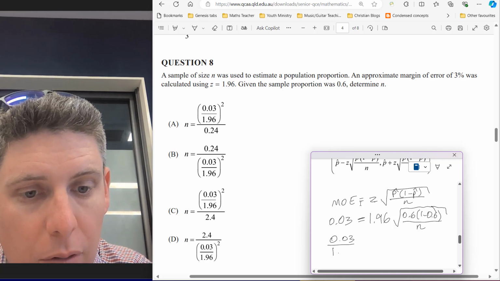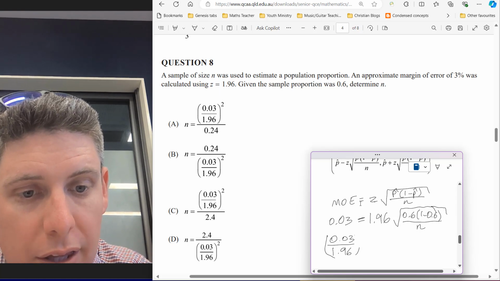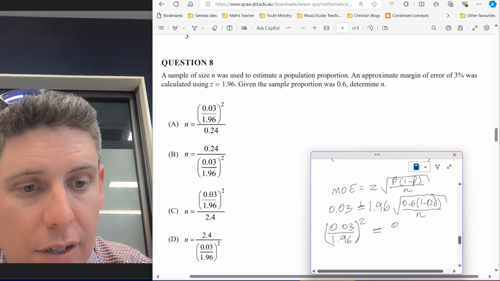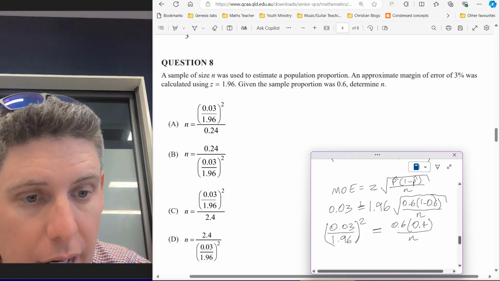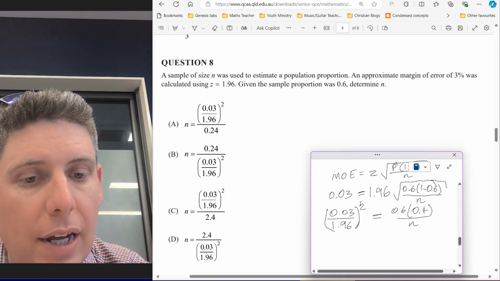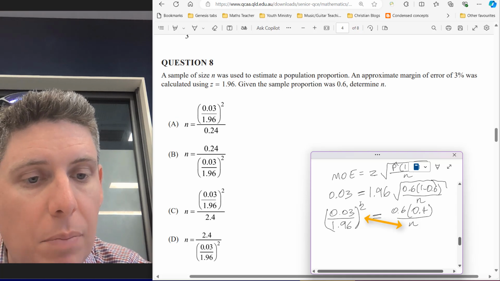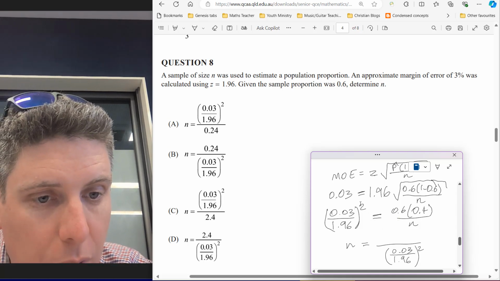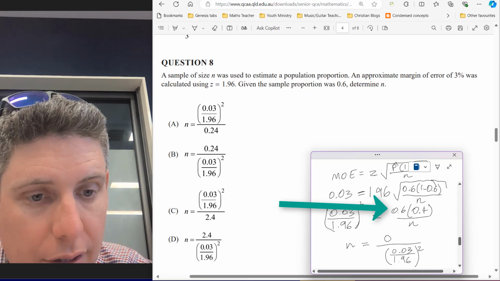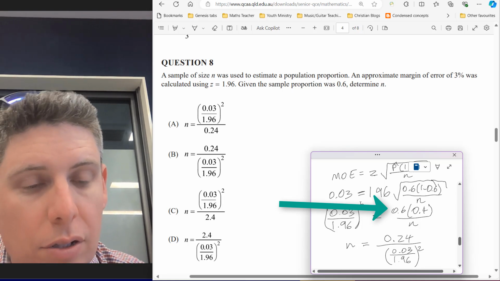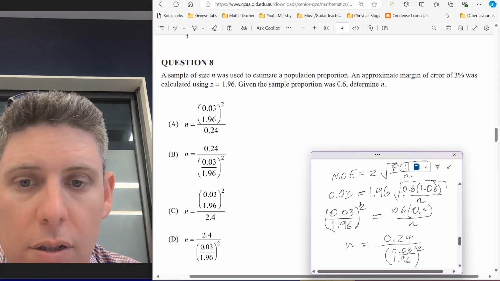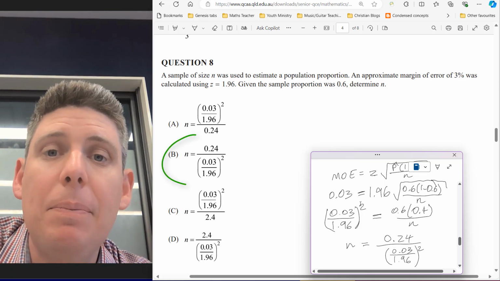So divide by 1.96 and then square that. So this is equal to the top row divided by n. And so if we bring n up the top and divide by that, and we need to multiply these two together. These two multiply to 0.24. So the answer must be 8b.